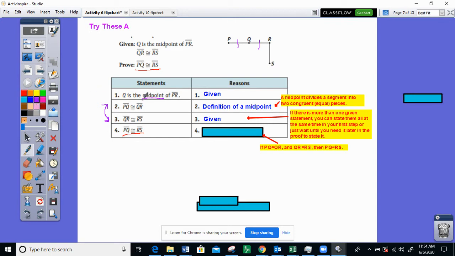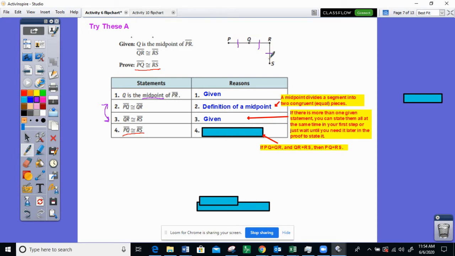Plus, another thing to think, if all I know is that segment PQ is congruent to segment QR, that doesn't guarantee that segment PQ is the same length as segment RS. But if I look at the given information in step 3, segment QR is congruent to segment RS. And now I can just see from the picture that it's obvious that segment PQ and segment RS are congruent to each other.